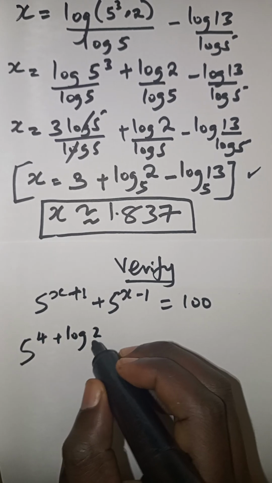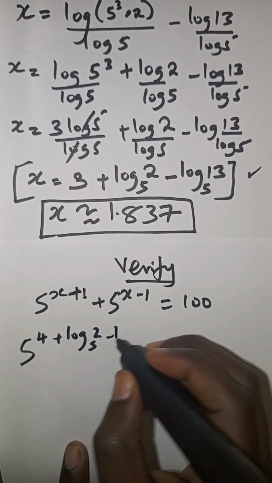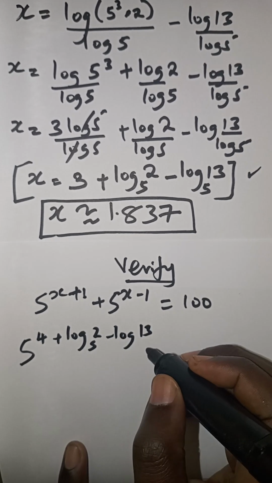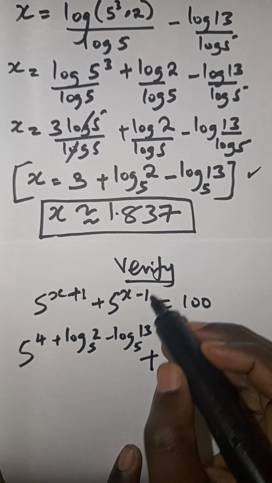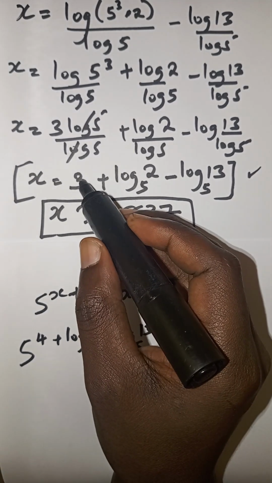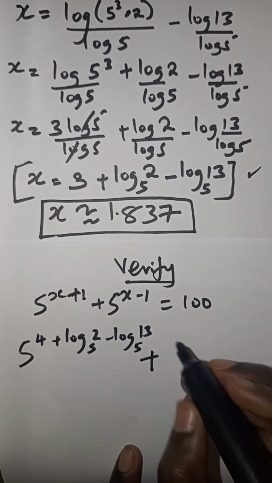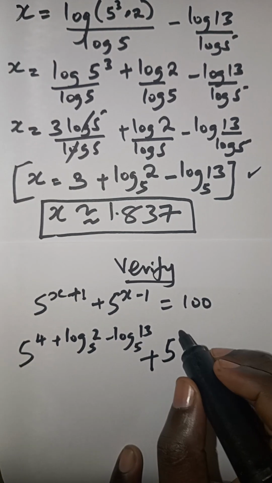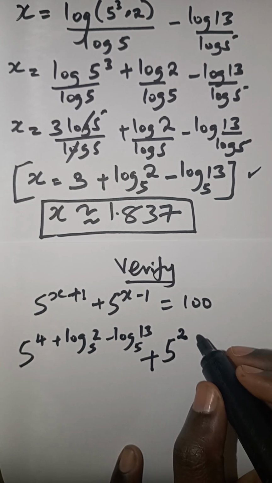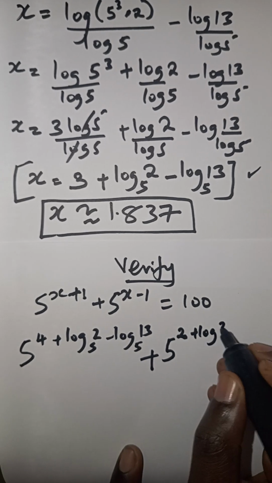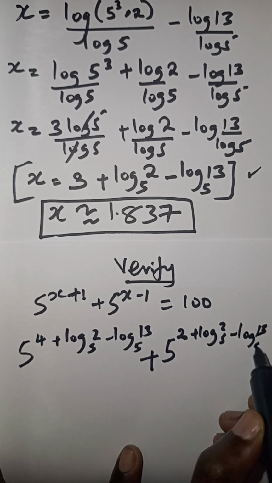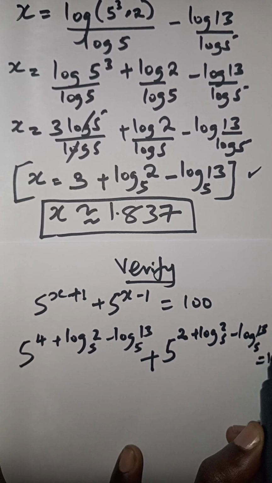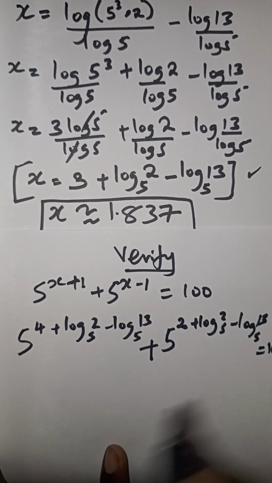Plus log 2 base 5 minus log 13 base 5 plus, when you take this negative 1 and this, then the power going to reduce to 5 to the power 2. Then the log 2 base 5 minus log 13 base 5. We want to test if it's gonna give us 100.